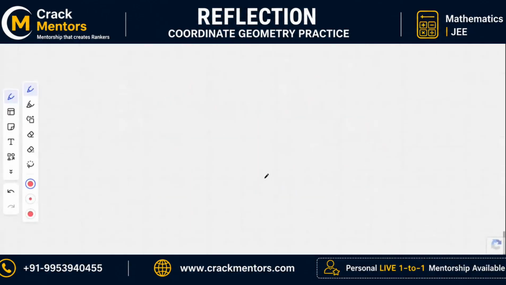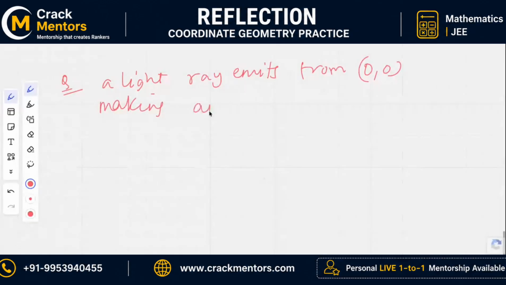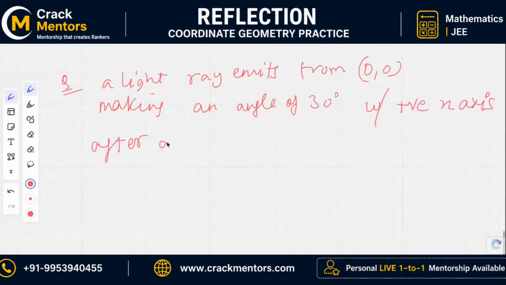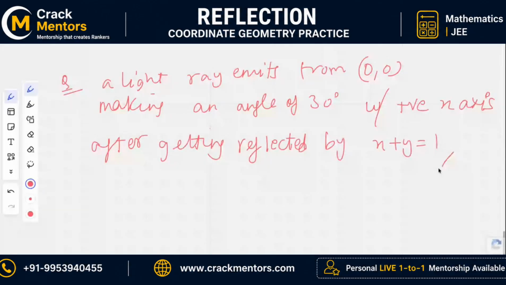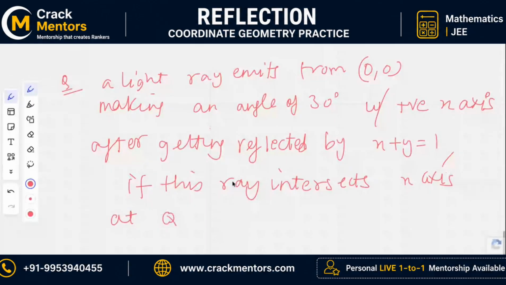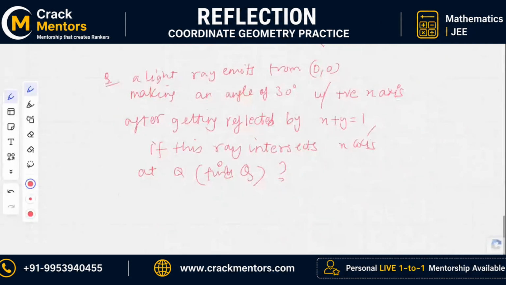So for example, let's try this question. A light ray emits from 0 comma 0, making an angle of 30 degree with the positive x-axis, and after getting reflected, find Q. The question is kind of easy.